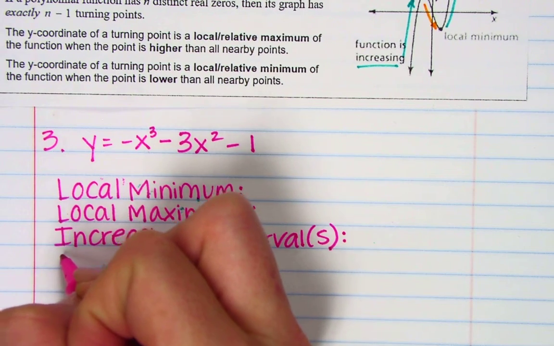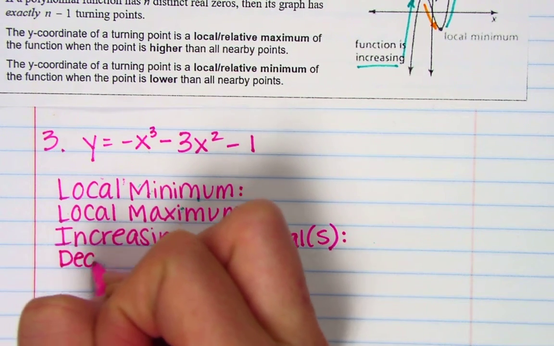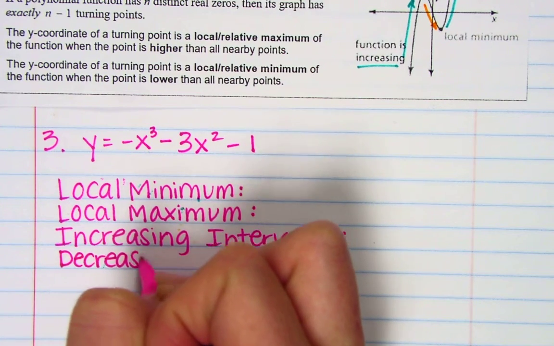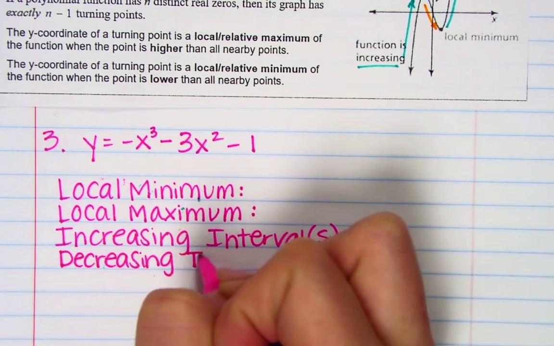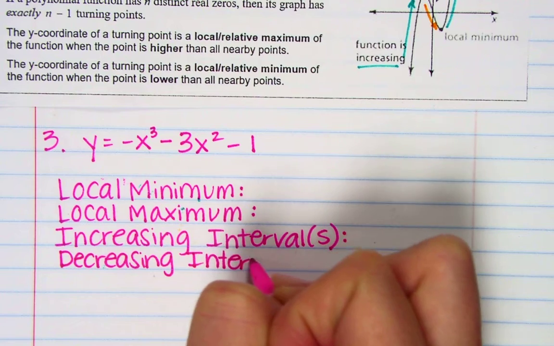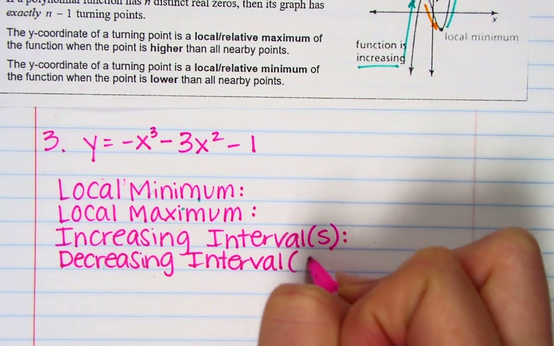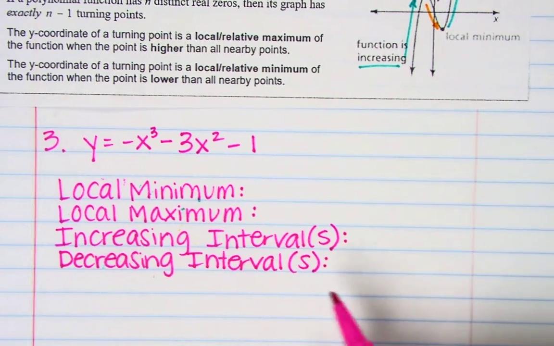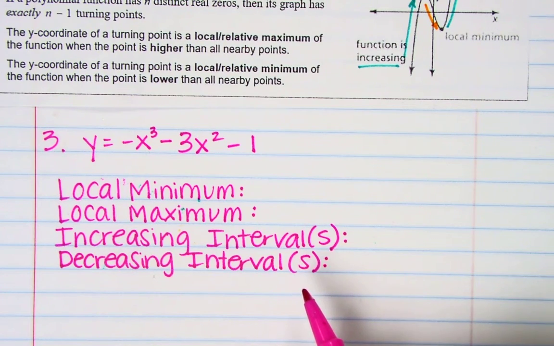Sometimes it might be more than one or it might not. And our decreasing interval. Again, it doesn't mean for sure there's an S on the end, but it could.